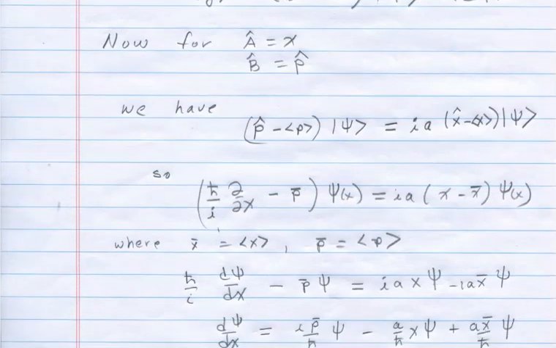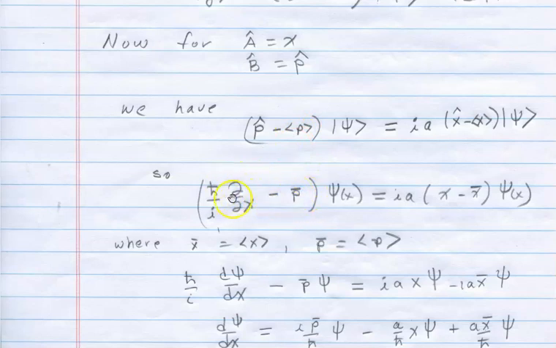So we get this equation here. As we've seen, if we look at the x components of these, the momentum operator turns into h bar over i partial with respect to x. Now it's going to be a little easier for me to write the expectation value of p as p bar. It's a number, and for us it's a real number since momentum is a real quantity.